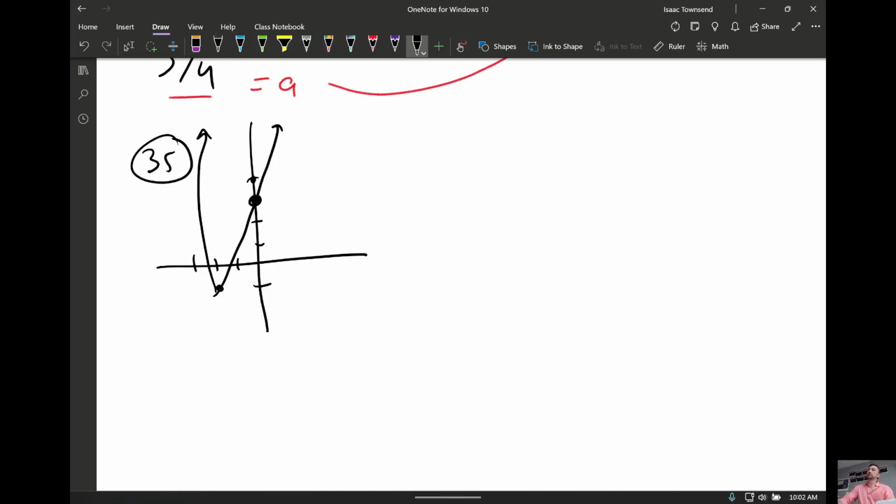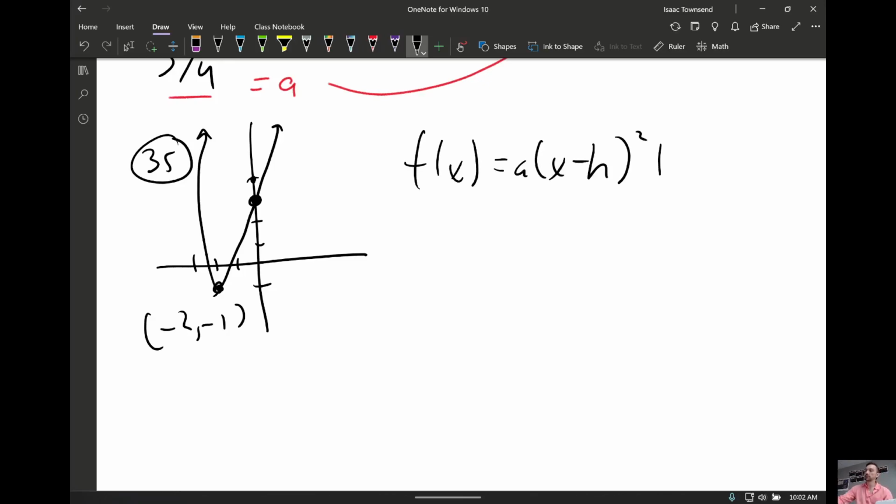Alright, 35 is really not too much different than the one that was just asked. It's just that the information is presented in a different way. But notice they give you the vertex. So if you know what vertex form, what they're calling standard form, is supposed to look like, plug in the x value of the vertex for h.